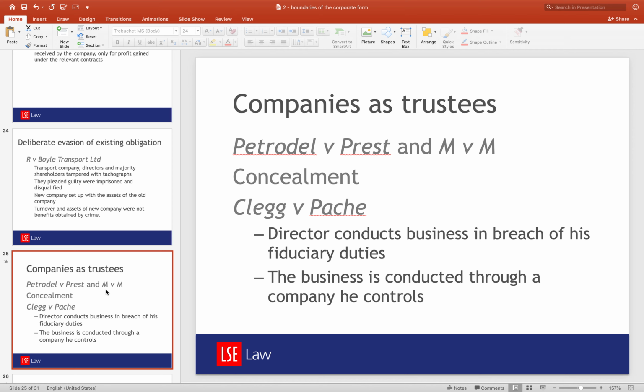because the Supreme Court concluded that these companies, whatever they were and whoever controlled them, on the facts they could conclude, they felt that the companies were holding the London properties on trust for the husband.